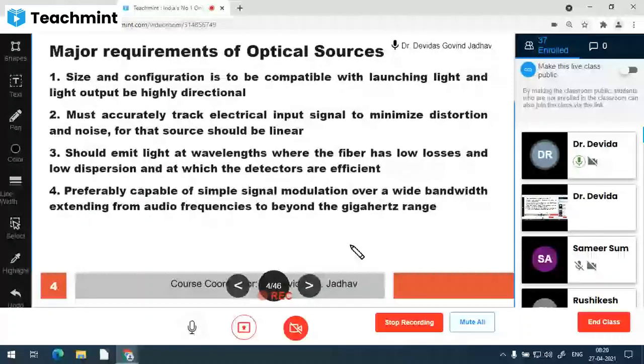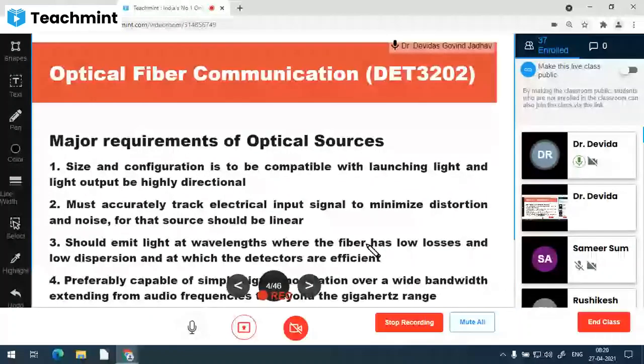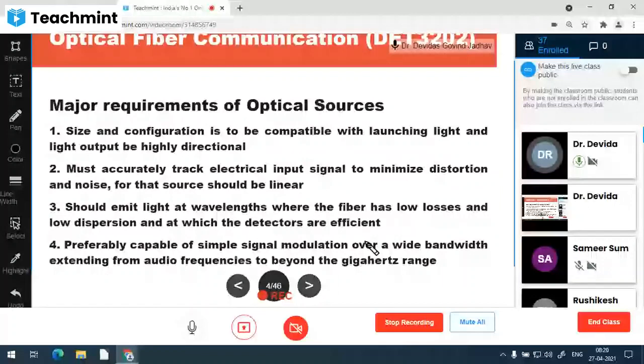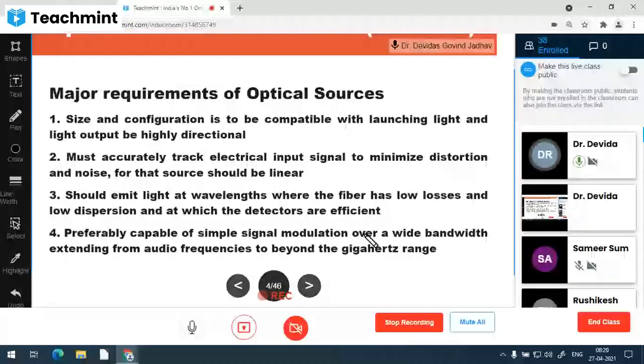So according to our previous slide, we are revising this very quickly because we have discussed this many times. Major requirements of the sources: the size of the source should be configurable, and the configuration is to be compatible with launching light output, and the light output is highly directional.